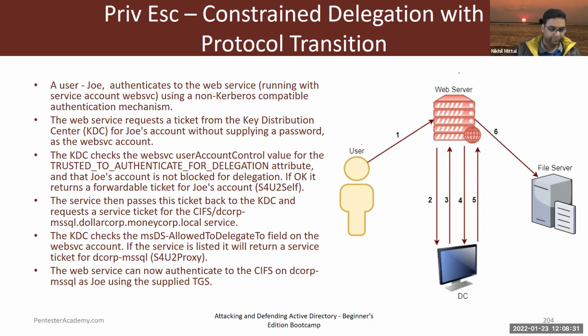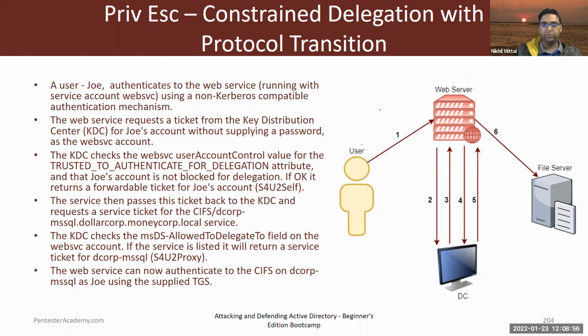That is the idea. Now, the more interesting part of constrained delegation is constrained delegation with protocol transition. What is that? In case of protocol transition, a user that authenticates with the web server from a non-Kerberos compatible authentication mechanism has to be transitioned to Kerberos.